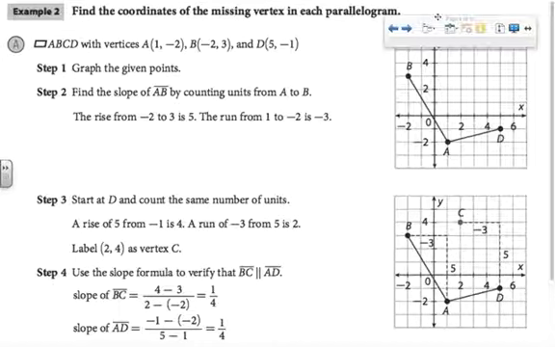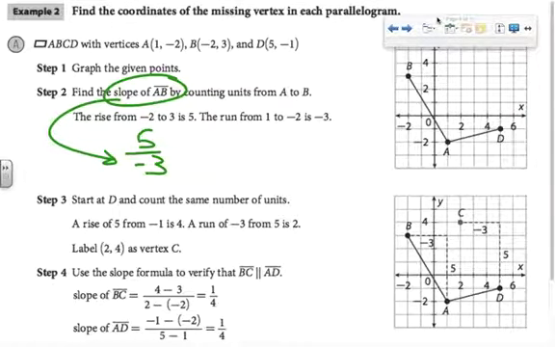So let me clarify something a little bit here. Slope of AB equals 5 over -3.